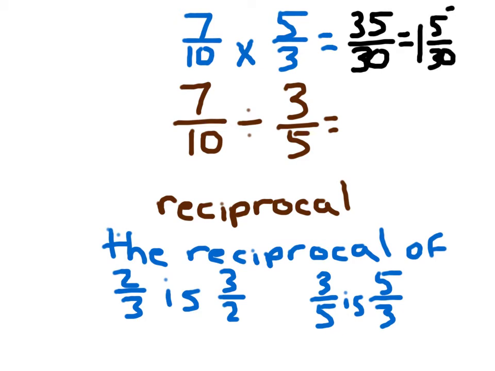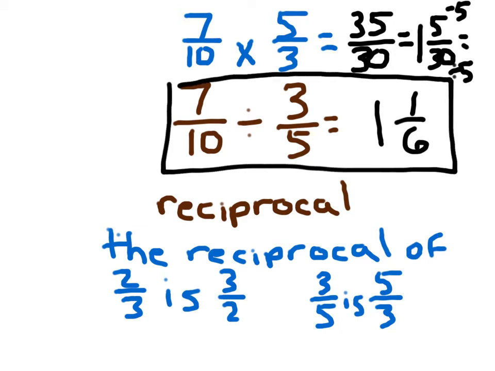I have to divide by 5 and divide by 5 to get 1 and 1/6. So that's our number sentence, where we took the divisor and made it the reciprocal of it. The reason that this works is because multiplication and division are inverse operations of each other.